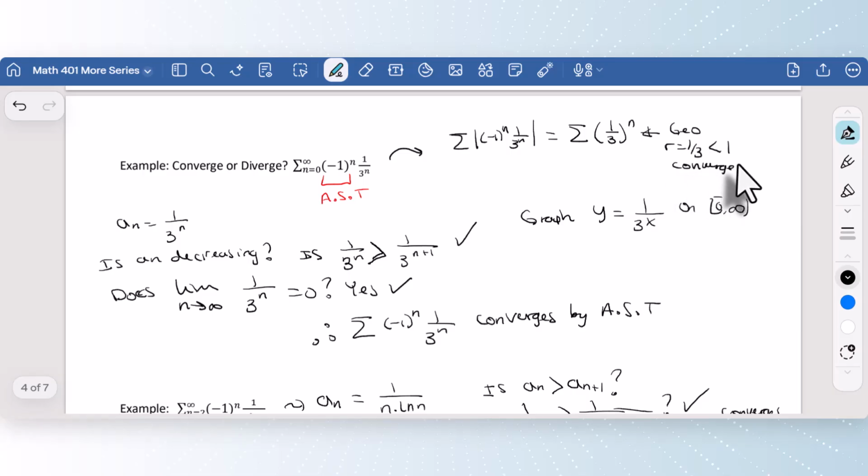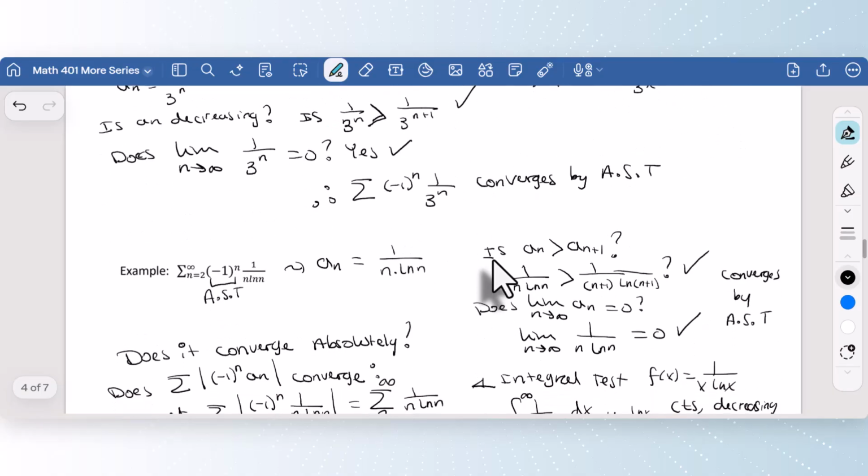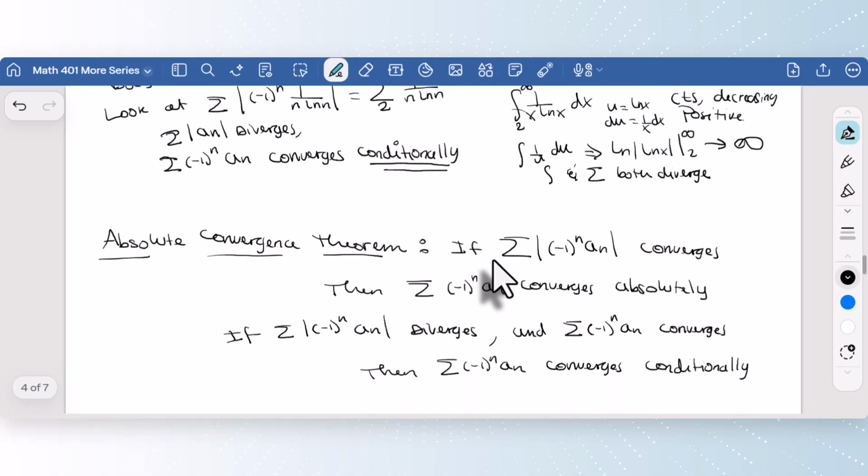So here the absolute value converges, so the original series, we can say converges absolutely. So those are good examples of the absolute convergence theorem.